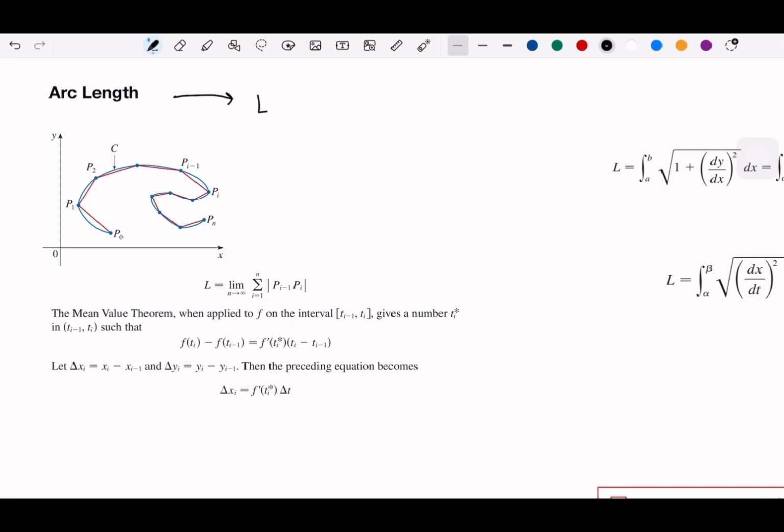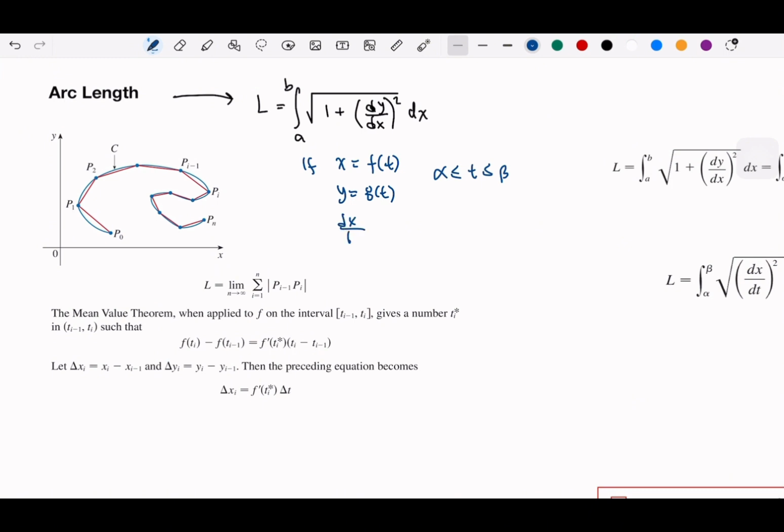So we know that the arc length generally has this general formula, square root of 1 plus dy dx squared, dx. And then if x is f of t, y is g of t, and then we define t in between alpha and beta.